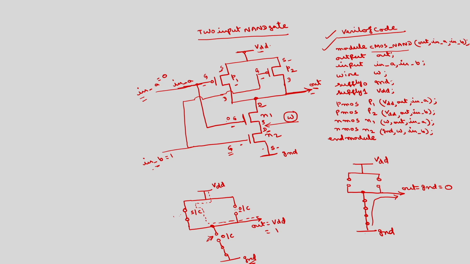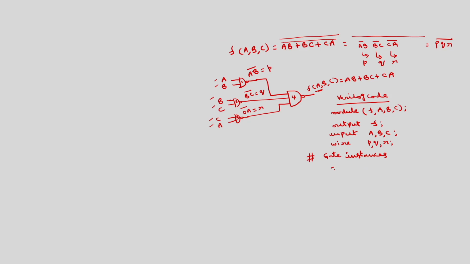Then we have to specify out, in A, in B. Now I call CMOS underscore NAND, and I am calling this gate G1. You have to give the output and inputs: the output is P, the inputs are A and B.